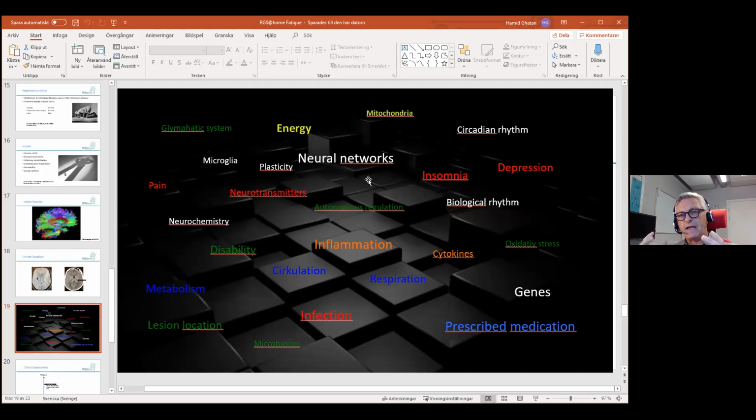So it's sort of an energy perspective, that the brain needs more energy to withhold activity in the reorganized neural networks. However, if you look at the scientific literature, there are many other plausible explanations for fatigue.